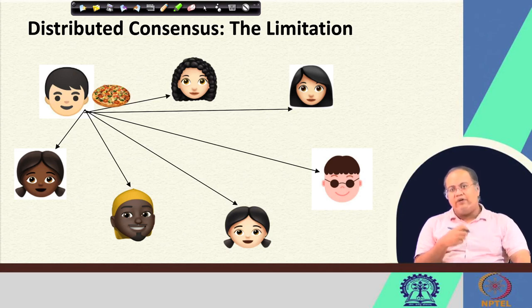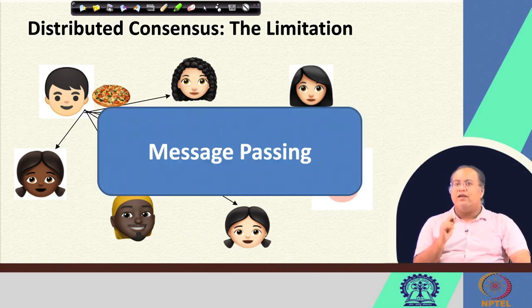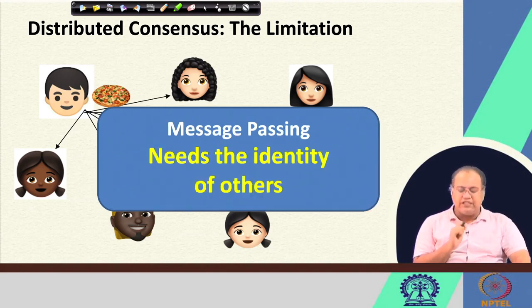That way everyone gets the votes of all the friends and finally counts the majority. So, that was my algorithm. But to run this algorithm, the primary point is that you need to make a phone call to your friend. That means the algorithm is based on message passing, and to do the message passing, you need the identity of others.